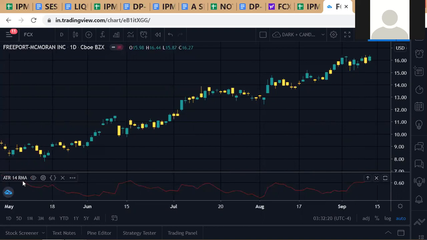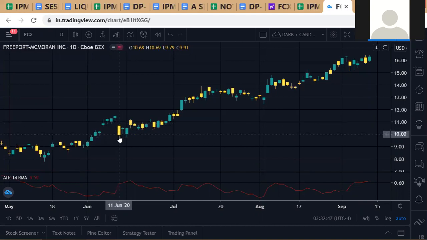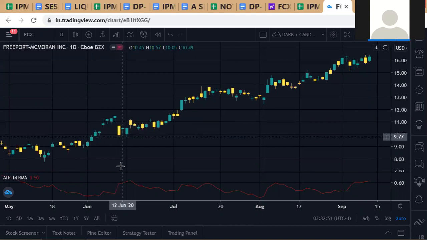If you look at FCX, today the ATR value is around, I'm not able to read it properly, 0.6. That is 60 cents. On average, FCX's high-low range is around 60 cents, including the gap from the previous day. Is this clear?